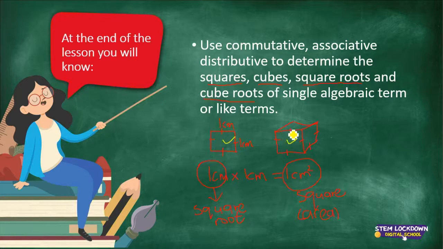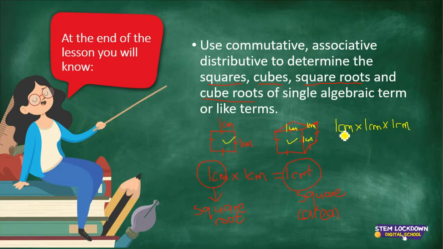Remember all the sides are equal. Let's say this is, for example, 1 centimeter. It could be anything. By 1 centimeter, by 1 centimeter, so all of the sides are 1 centimeter each. If I want to know the volume of this cube, I'll say 1 centimeter times 1 centimeter times 1 centimeter.